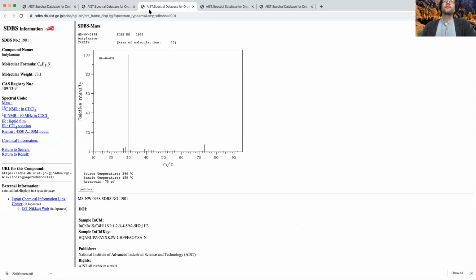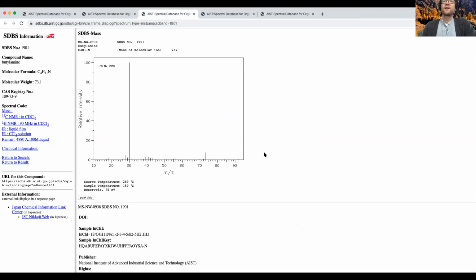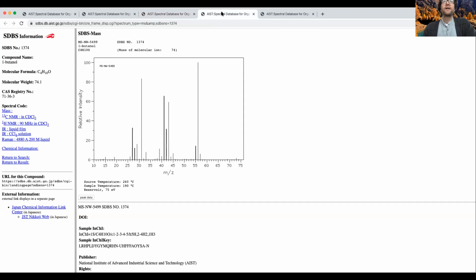Another functional group we can talk about are the amines, but their fragmentation is much more difficult to understand. Here is one pattern where you have the molecular ion at 73 for butylamine, which is C4H11N. However, the base peak is at 30, and it's harder to say anything else about that. However, for butanol, it's a lot easier.